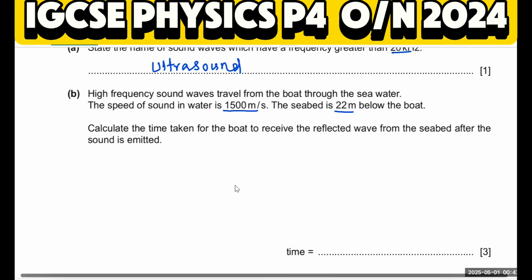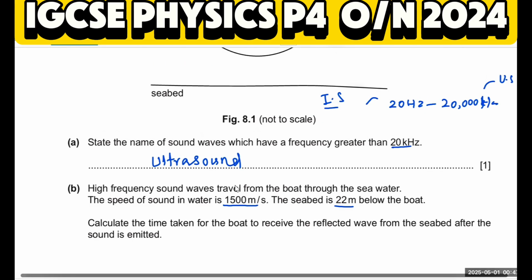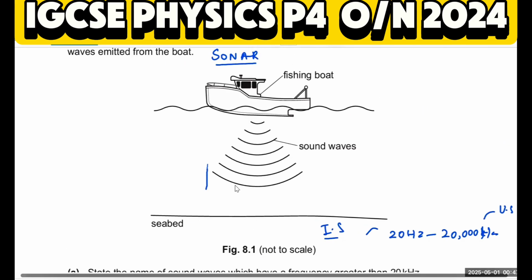First of all, you will use the formula, that is, distance is equal to speed multiplied by time. But the distance traveled will be double because they ask the total time from when the wave is sent until it reflects back. So we will use the two-sided distance.